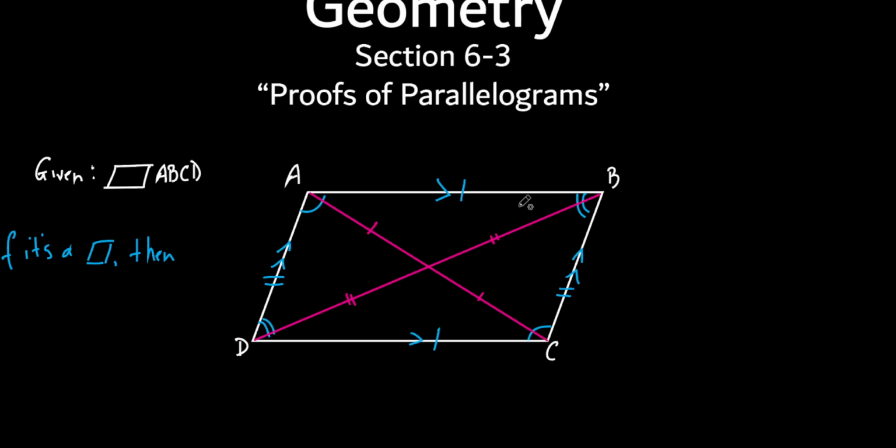I think that's everything that we know so far, isn't it? Yep. It is. All right, again, what was the key to this? If it's a parallelogram, then all that stuff is true. Then blah, blah, blah.